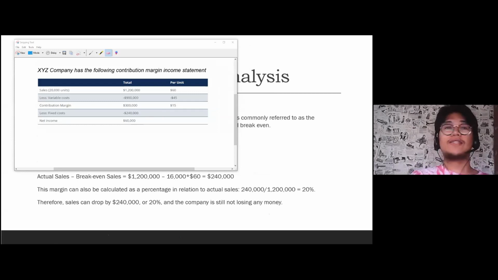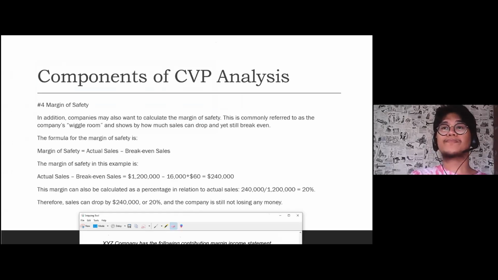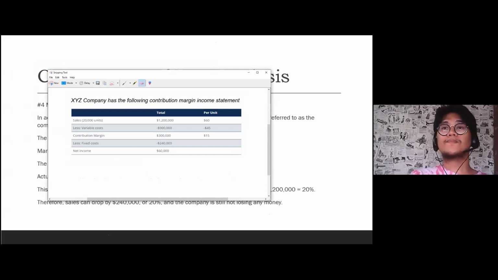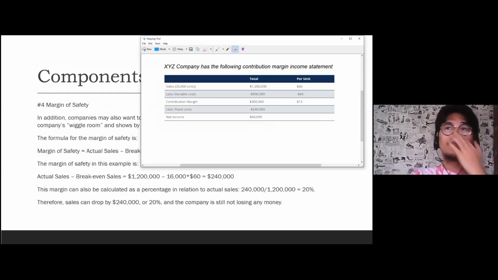Paano po natin nakuha si 16,000? Guys, paano natin na-compute dito si 16,000 ulit?